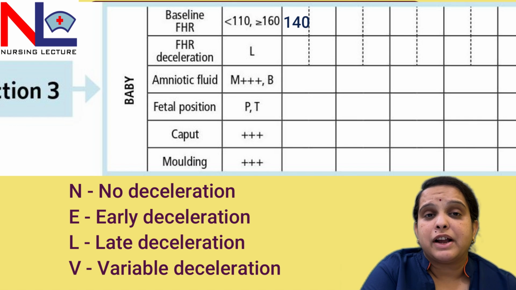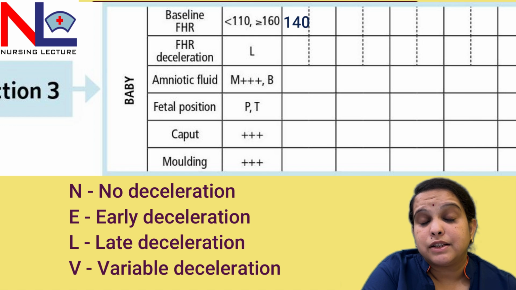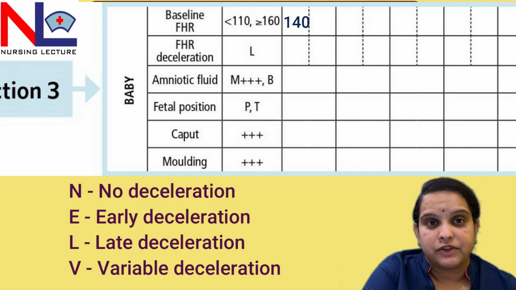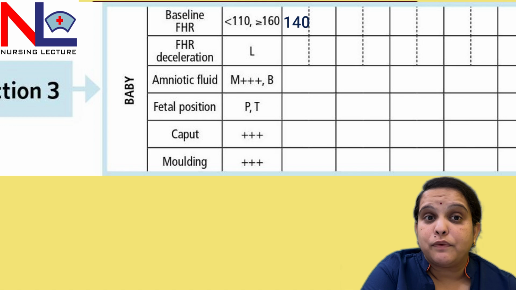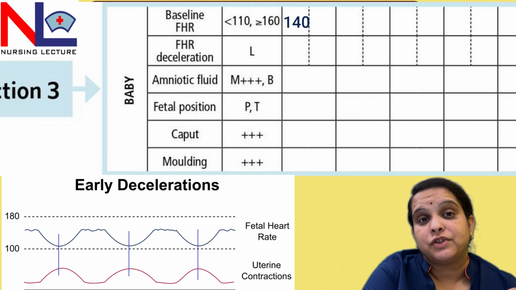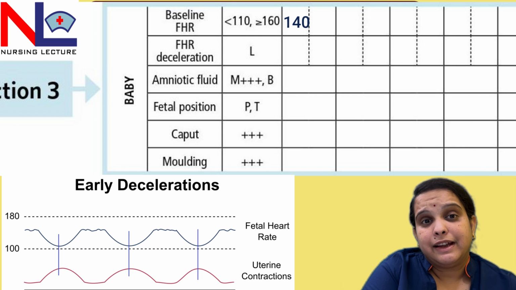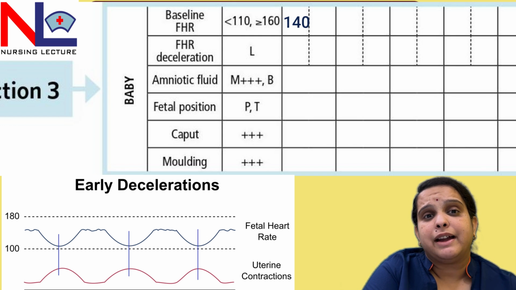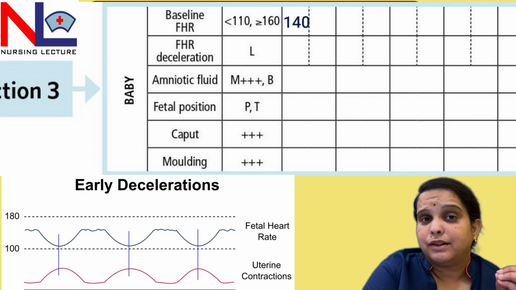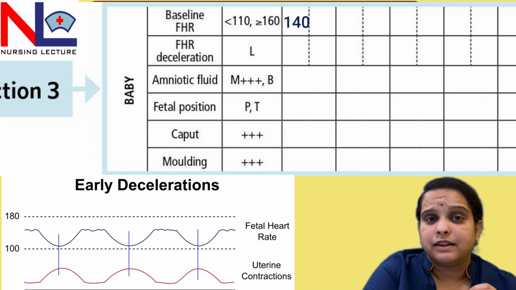During contraction, if the fetal heart rate doesn't slow down, then there is no deceleration. But at the time of uterine contraction, when the contractions are beginning, reaching the peak and ending, at the same time the fetal heart rate coincides with the uterine contraction by onset, nadir and recovery.